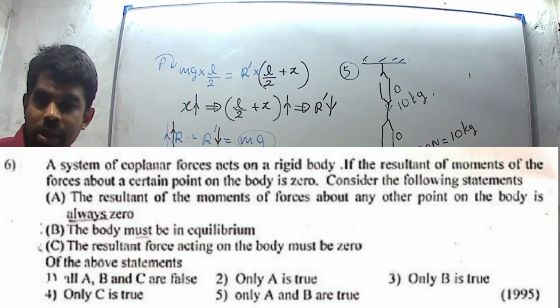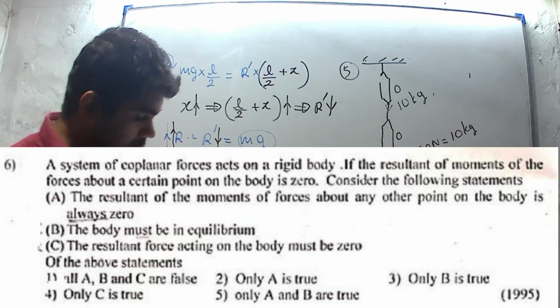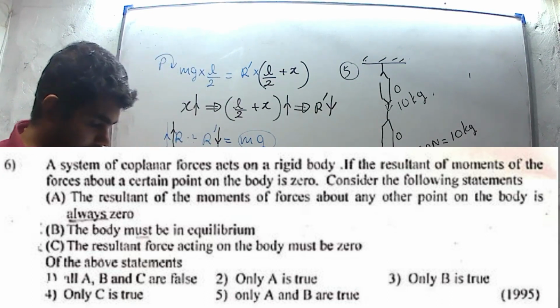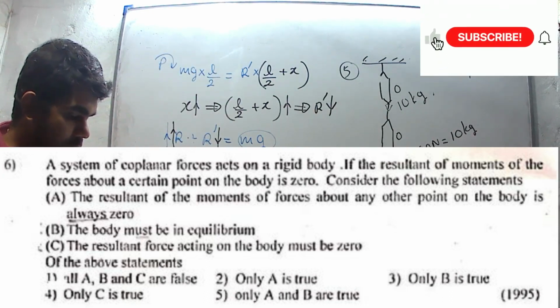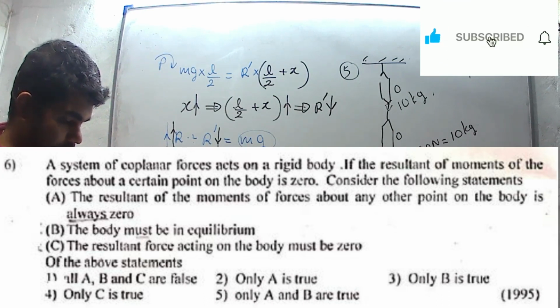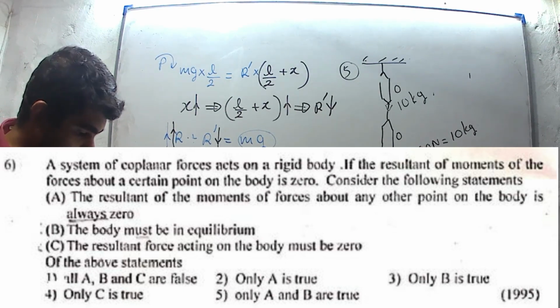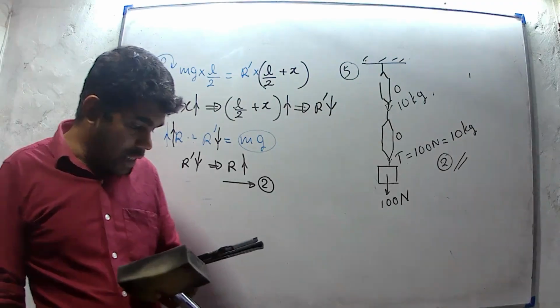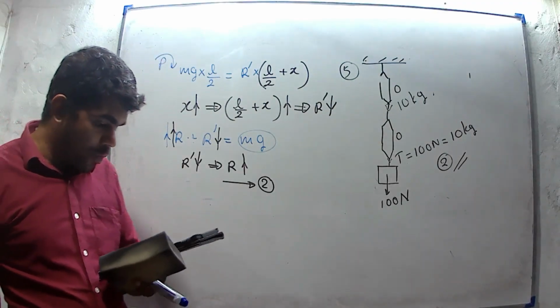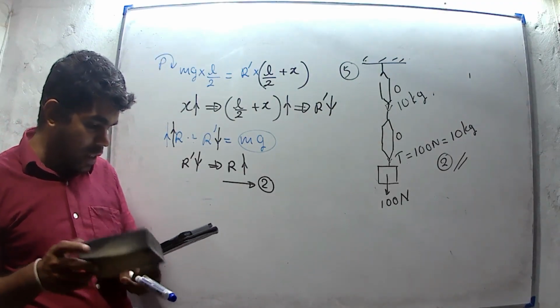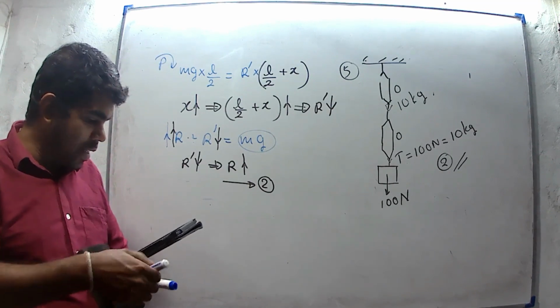Then question number 6. The system of coplanar forces acts on a rigid body. If the resultant of moments of the forces about a certain point on the body is 0, consider the following statements. A. The resultant of the moment of forces about any other point on the body is always 0.